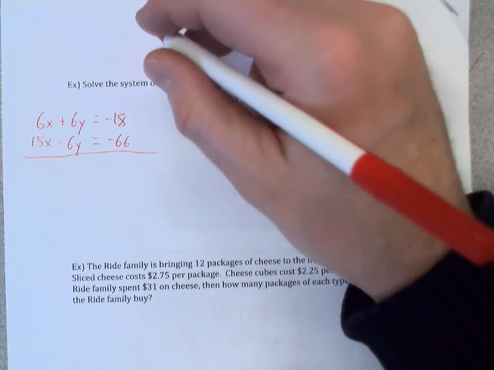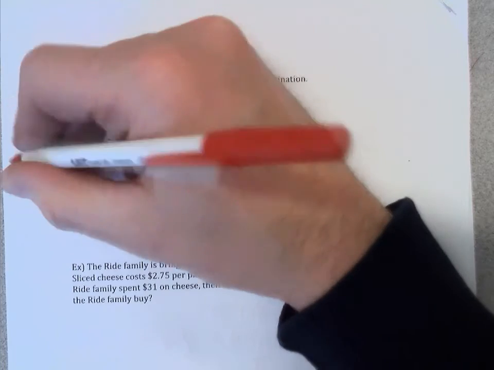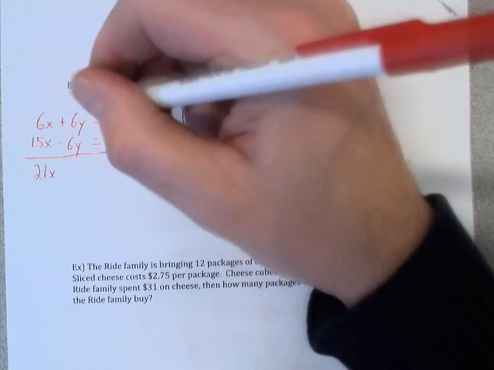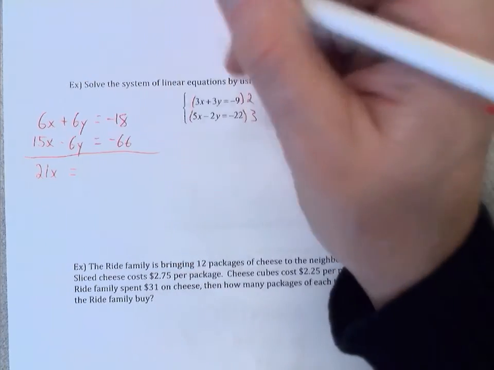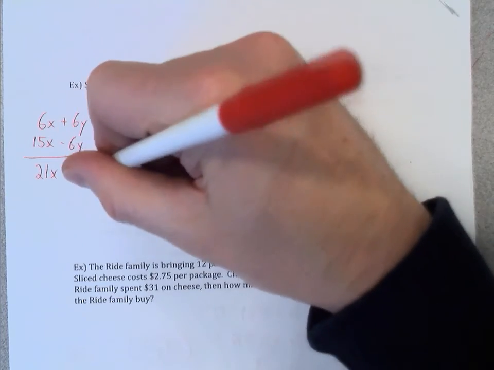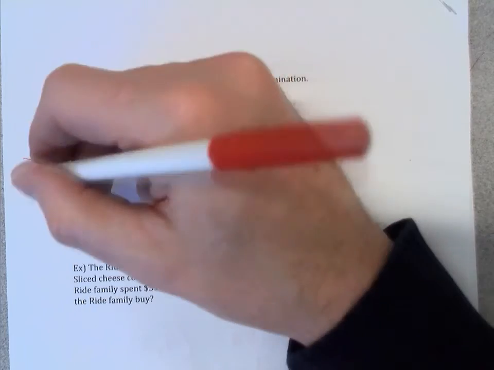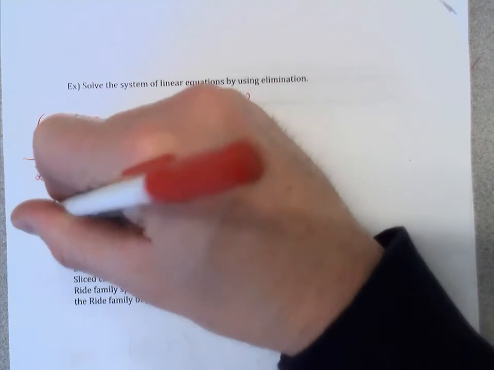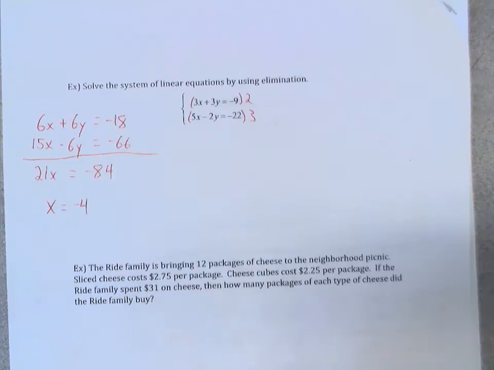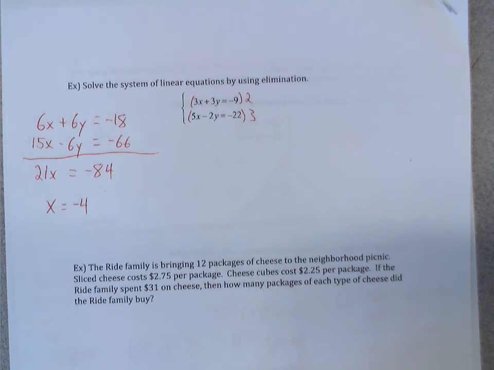Let's do our math here. 6 and 15, we're going to have 21x. The y's cancel out. That's going to be equal to negative 84. If I take negative 84 divided by 21, x is going to be equal to negative 4. So it still works out nicely.